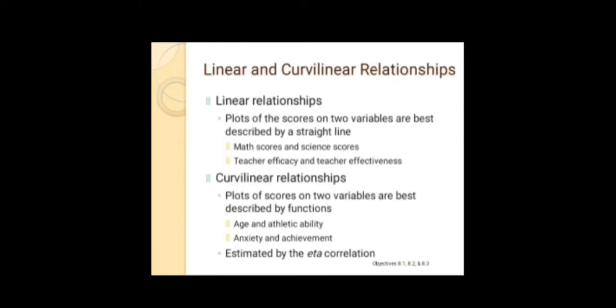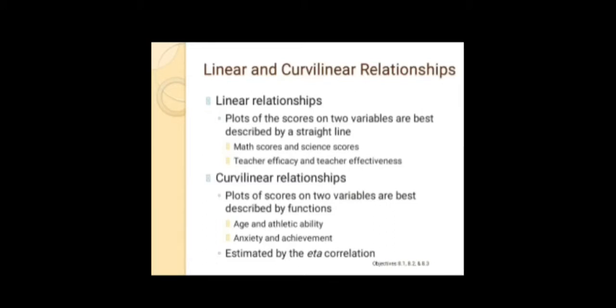For example, the age and ability of athletes. Age and ability are compatible because as the age increases, the physical abilities improve quicker. The second example is anxiety and achievement. The lower the student's anxiety, the higher their achievement score.